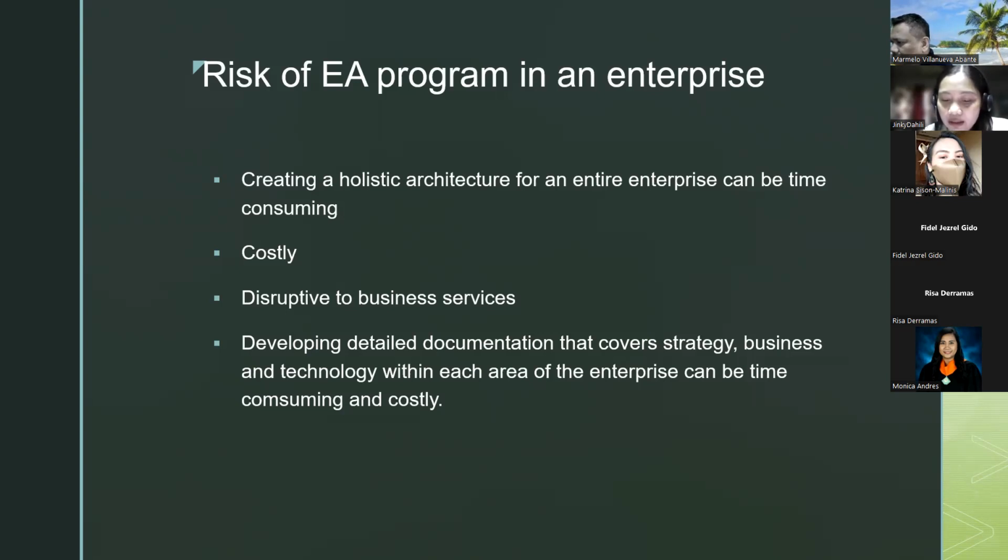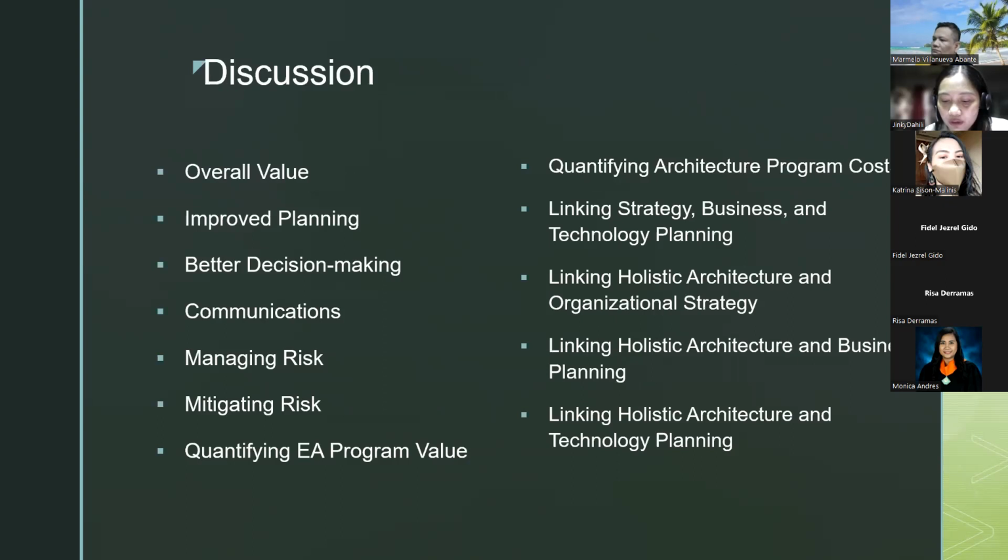Another cost element is the time it takes line of business managers and support staff away from their normal work. And the cost of documentation tools and online repository must be factored in as well. Further, there is the risk that the architecture will not be used by stakeholders if they do not buy in to the concept of holistic architecture for perceived value.